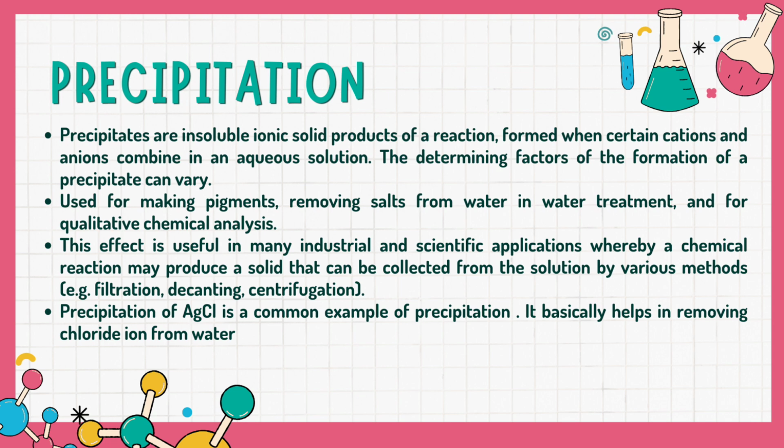The third one, this effect is useful in many industrial and scientific applications whereby a chemical reaction may produce a solid that can be collected from the solution by various methods such as filtration, decanting, and centrifugation. The last one, precipitation of argentum chloride, is a common example of precipitation. It basically helps in removing chloride ion from water.